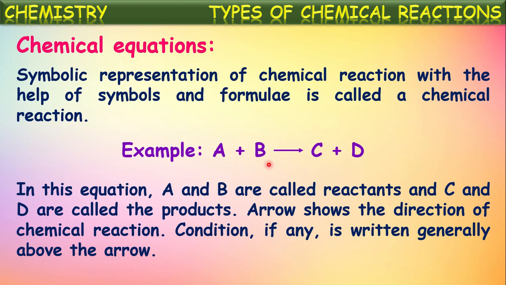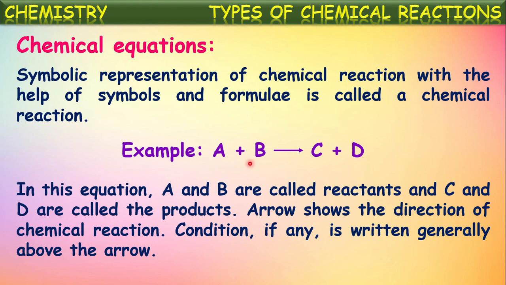And here C and D are formed in this chemical reaction. So these two, C and D, are called products. The chemical substances which are formed in a chemical reaction as new substances are called products.